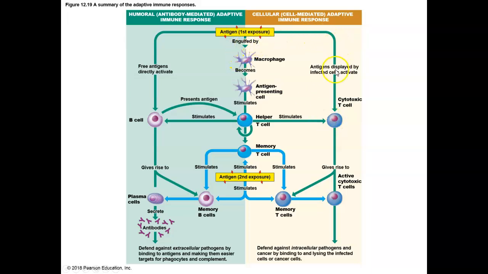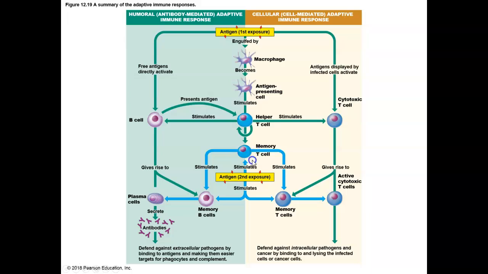The antigens displayed on self cells are also going to stimulate cytotoxic T cells. The cytotoxic T cells then get activated. They proliferate and differentiate into either activated cytotoxic T cells that secrete chemicals to kill the cells that are infected, and then we have memory cells.